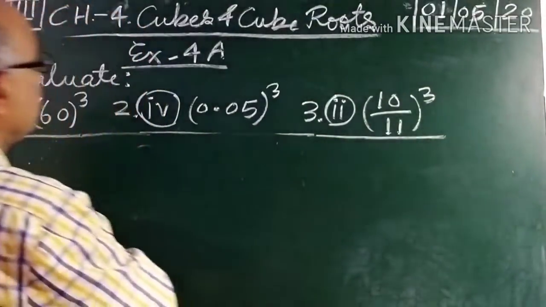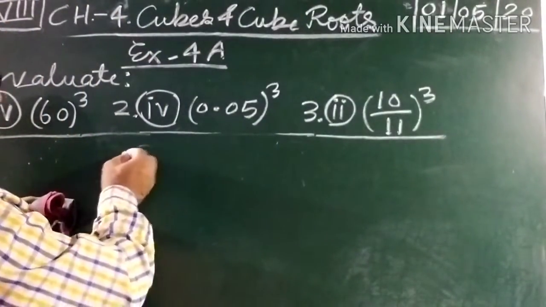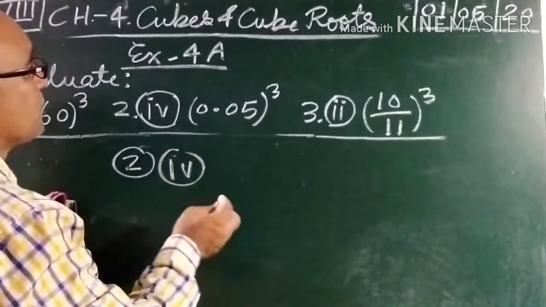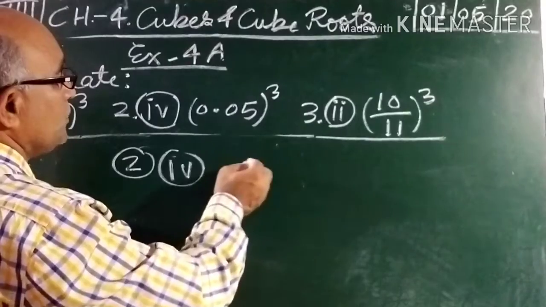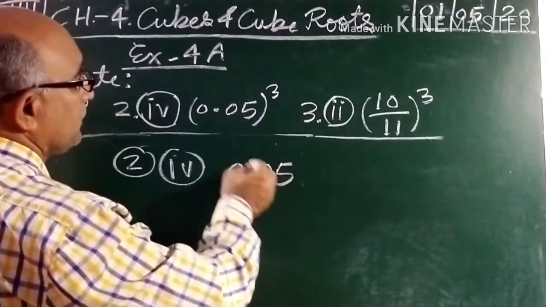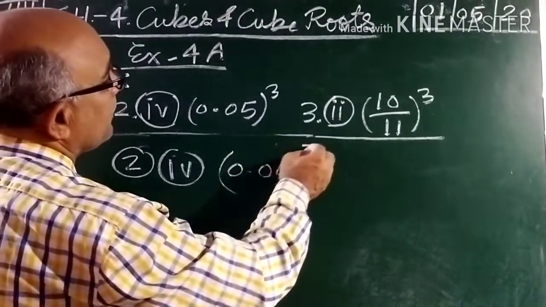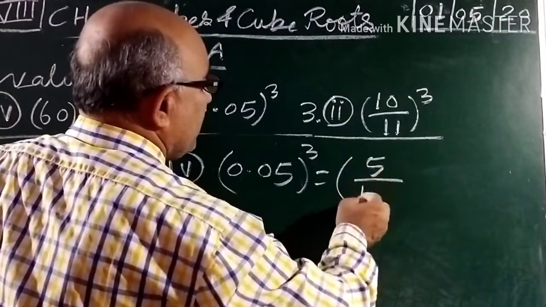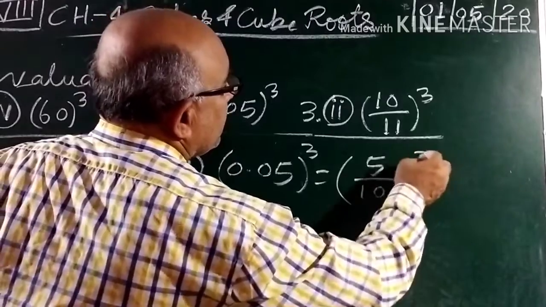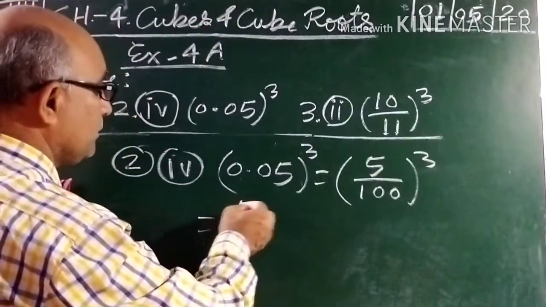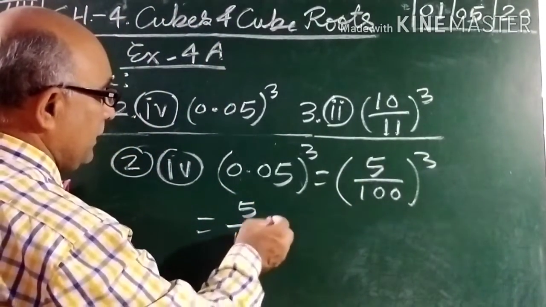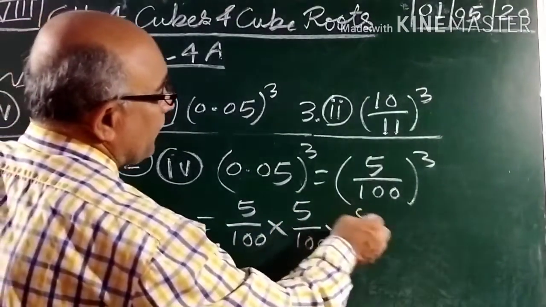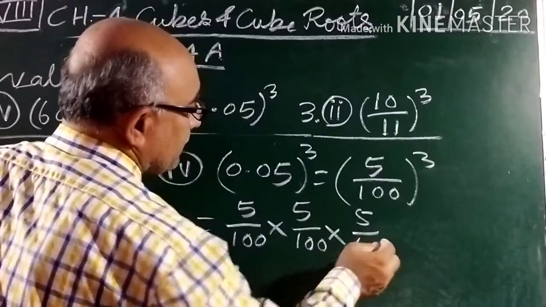Now, question number 4 of 2. 0.05 cube equals, write in fraction, 5 by 100 cube, equals 5 by 100 into 5 by 100 into 5 by 100.